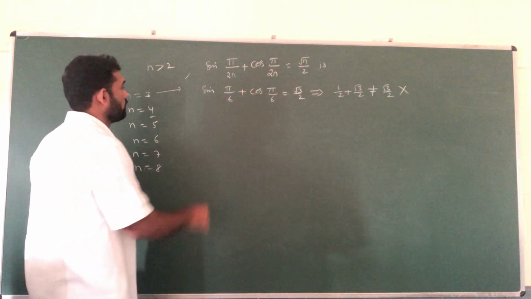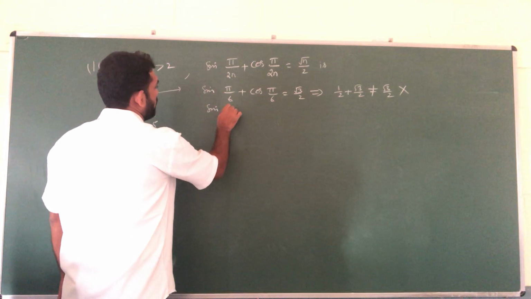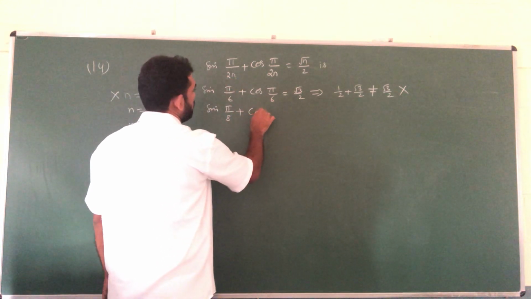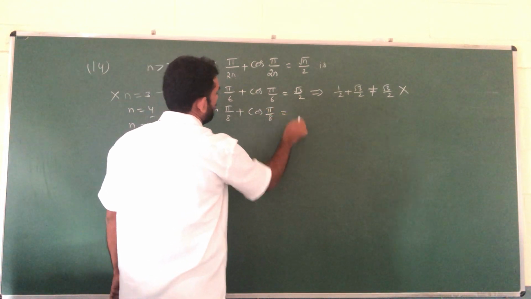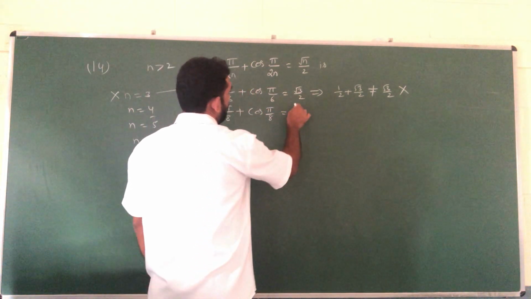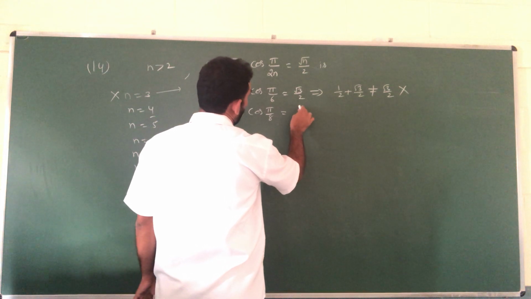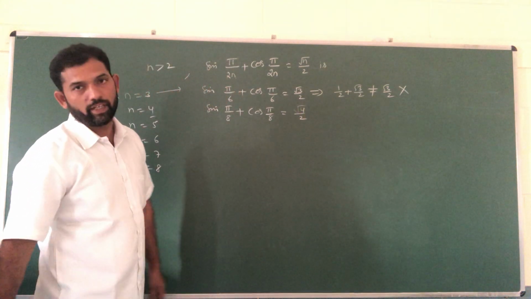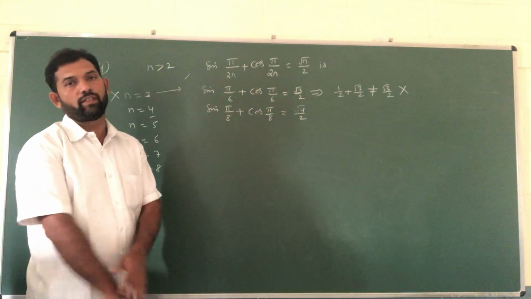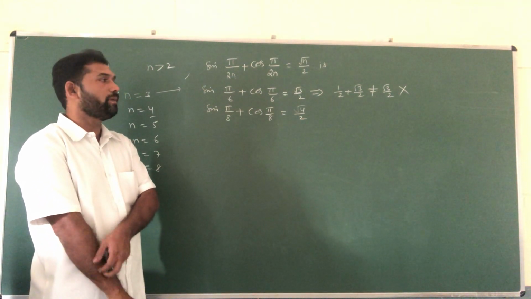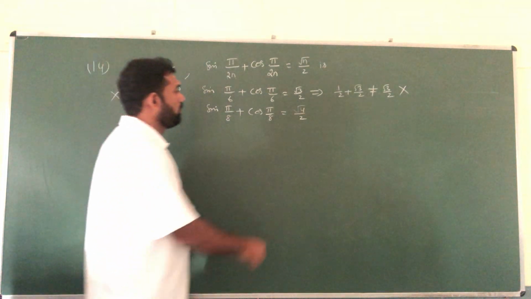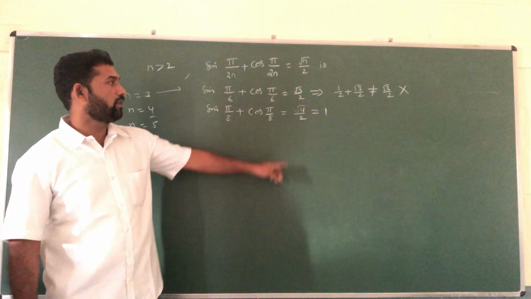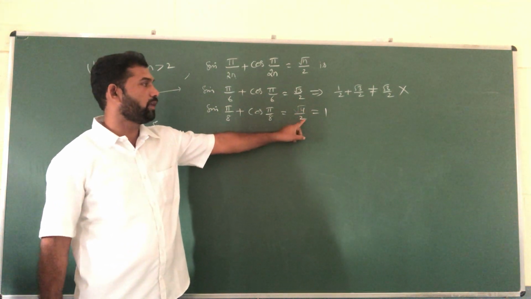n is equal to 4. So sin pi by 8 plus cos pi by 8 should be equal to root 4 by 2, which means 2 by 2, that is 1.